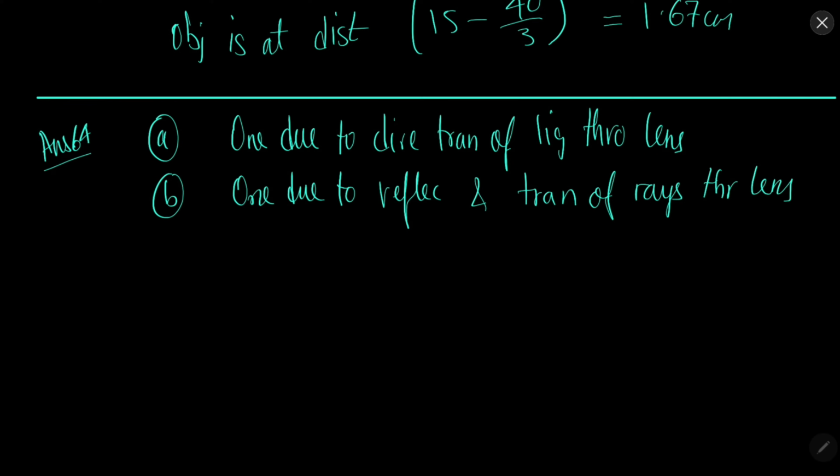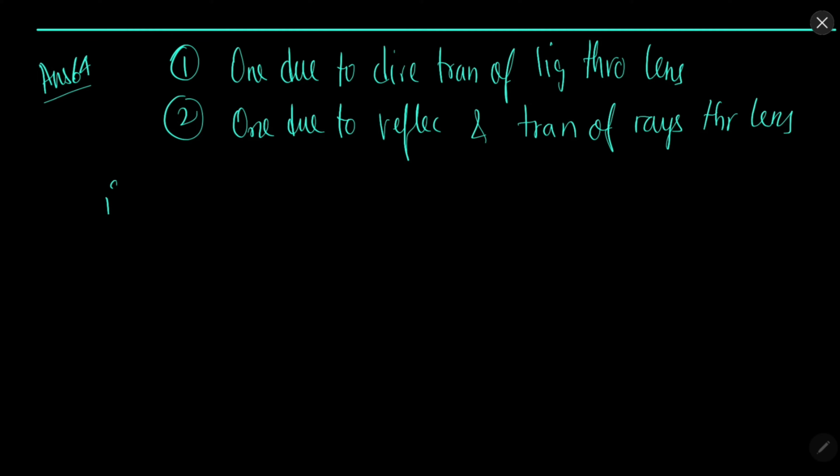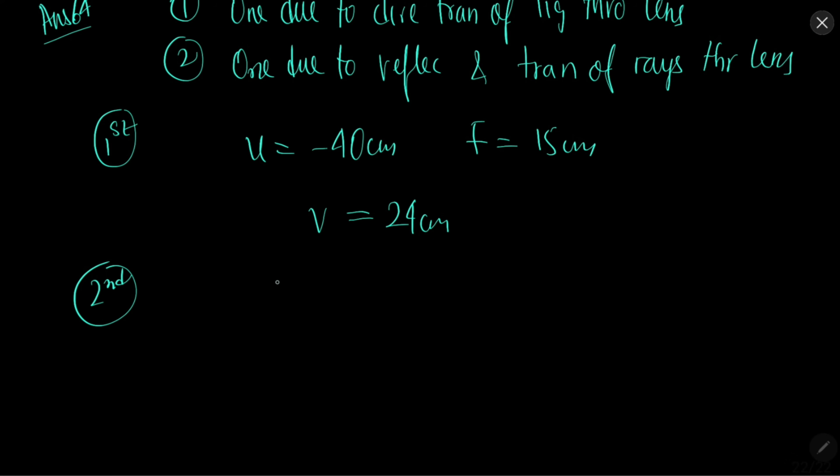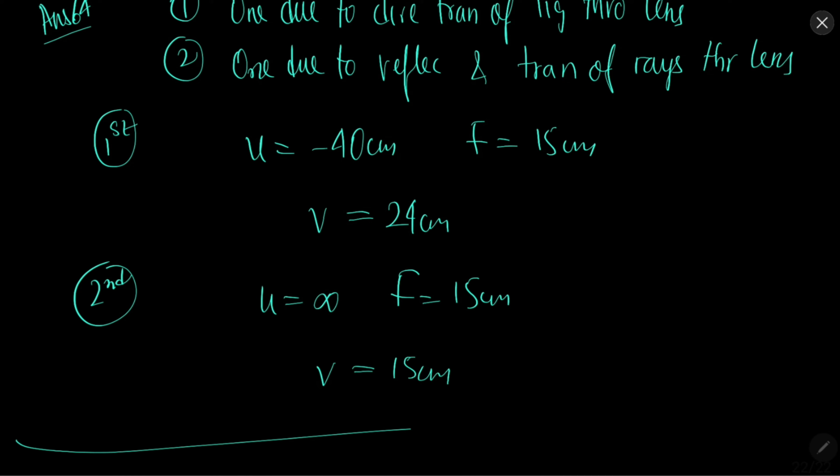So these two will be obtained. First case, u is minus 40 centimeters, f is 15 centimeters. So v will come out to be 24 centimeters. Second case, u is infinity, f is 15, v will come out to be 15 centimeters.